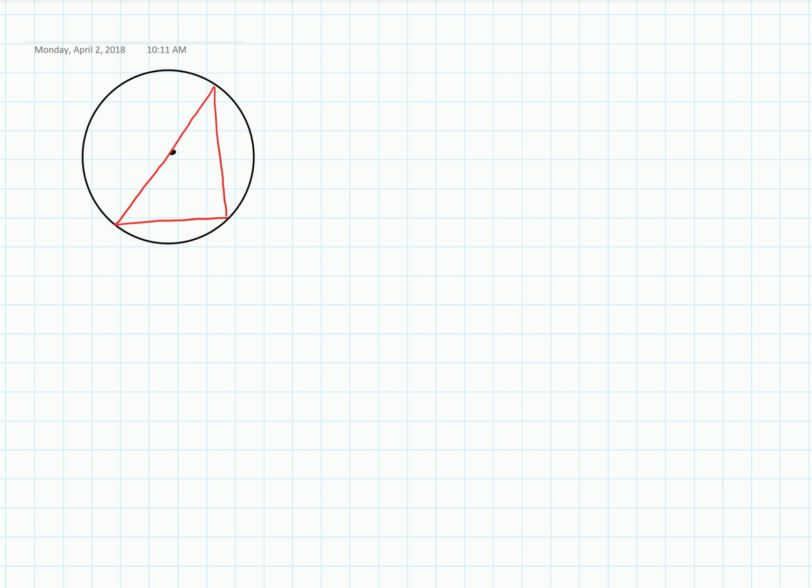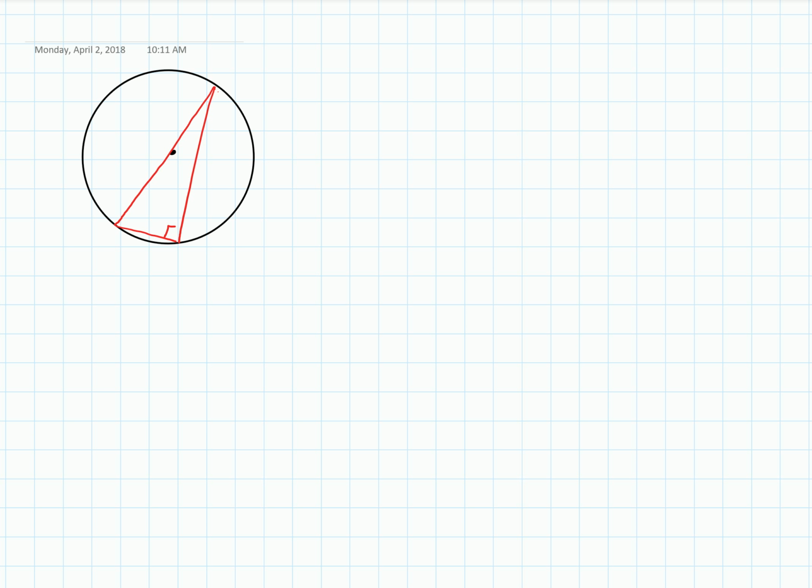No matter how I draw this triangle, as long as one of the sides is the diameter, it has to be a right triangle. You can see that there's no other way to do this. No matter how I connect it, if one of the sides is the diameter, one of these angles is always 90. Well, why is that?